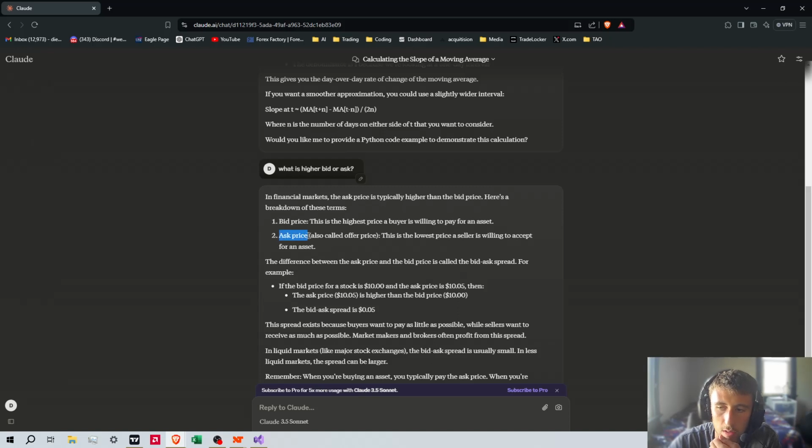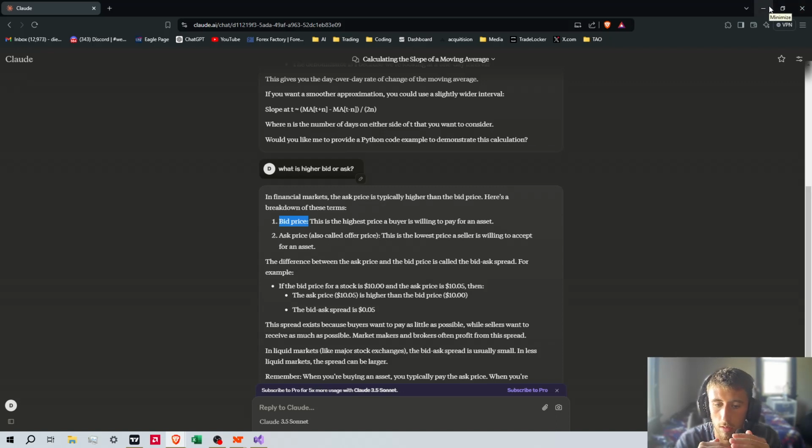Okay, so ask price is what somebody is asking that's selling. Bid is what somebody is willing to pay. So ask is going to be above, bid below, because if they met, that's when the transaction happens.